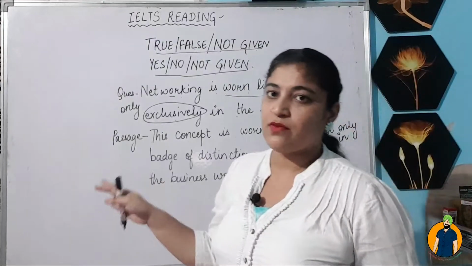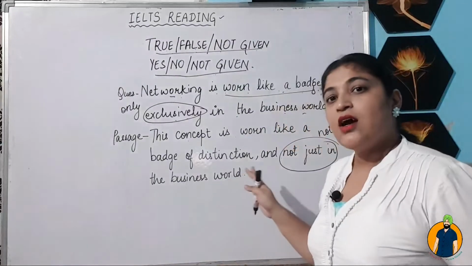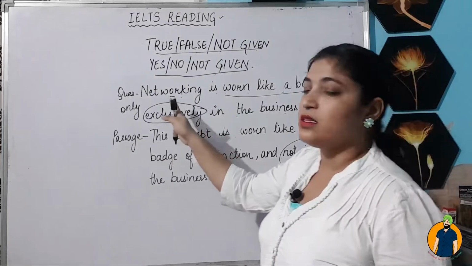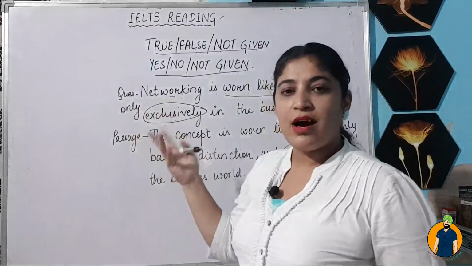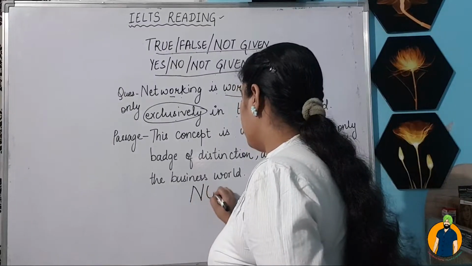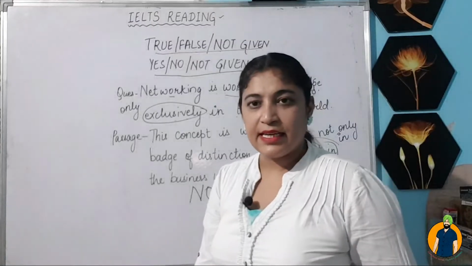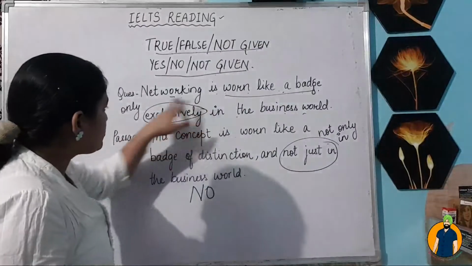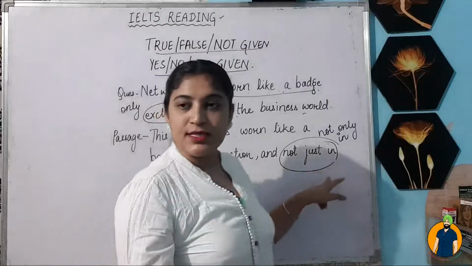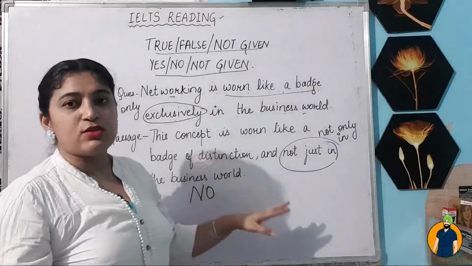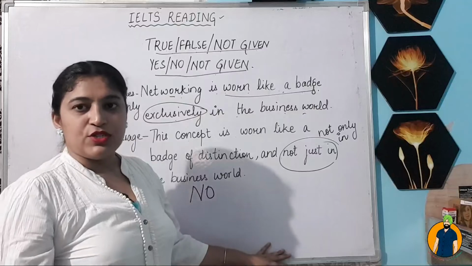So the information given in the passage totally contradicts the information given in the question. So our answer will be No. Clear? So here the trap was "exclusively" and "not just in." Look for these kinds of traps when you are solving such questions.